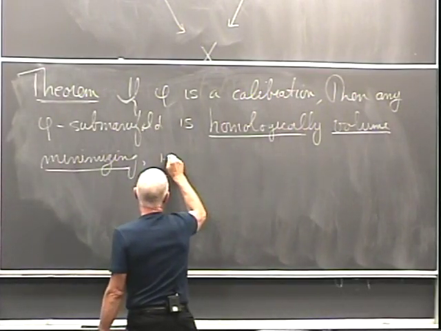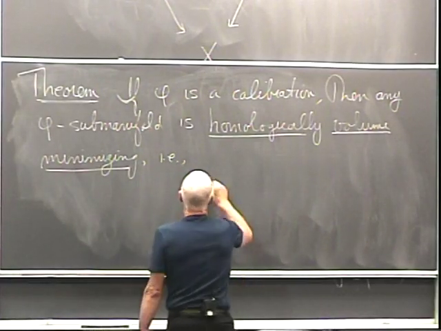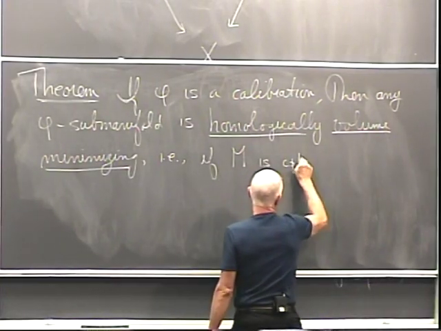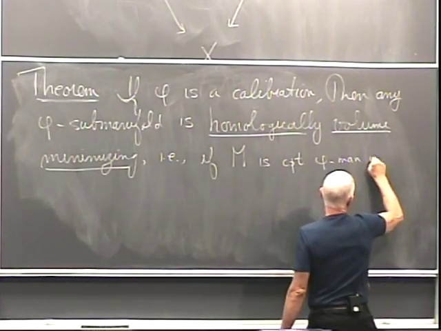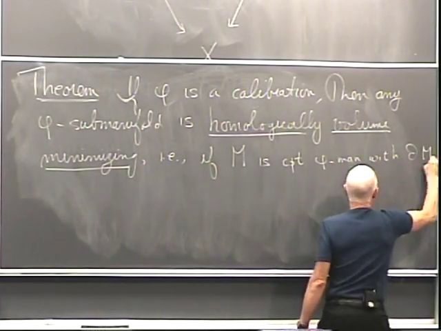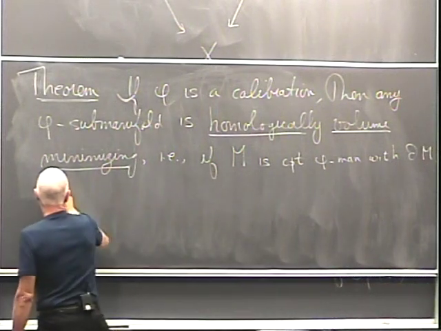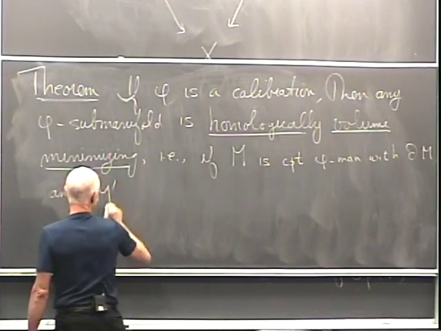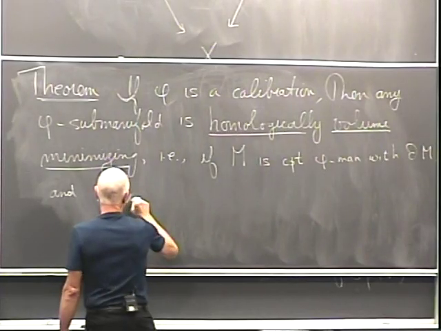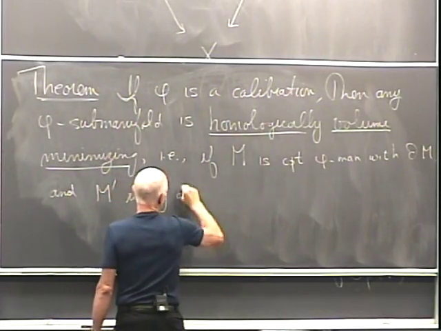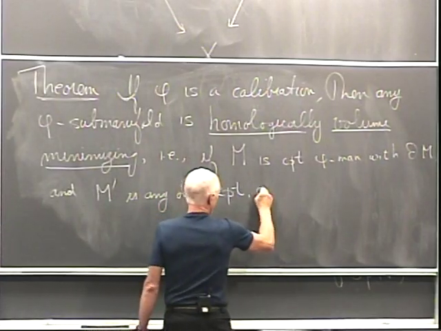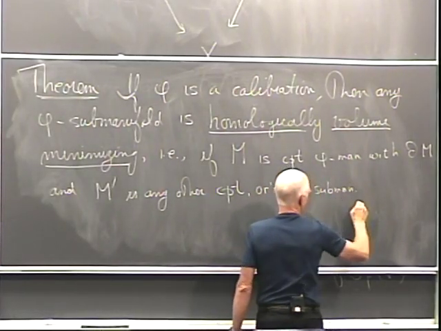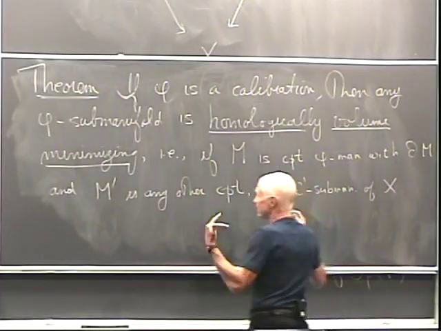I.e., if M is a compact phi manifold with boundary, and if I have another submanifold, M prime, which is any other compact oriented C1 submanifold of X with the property that it has the same boundary.